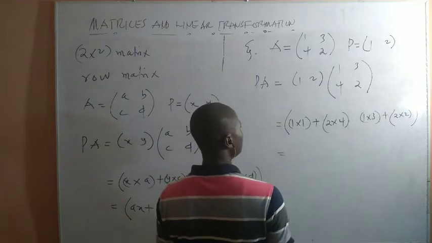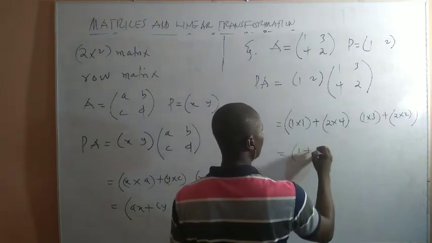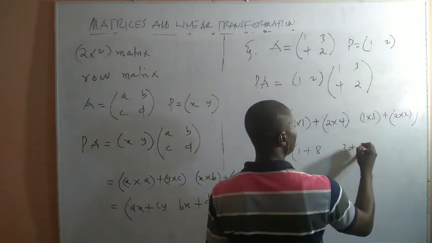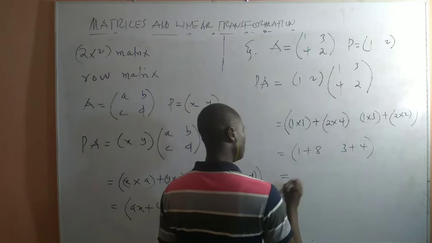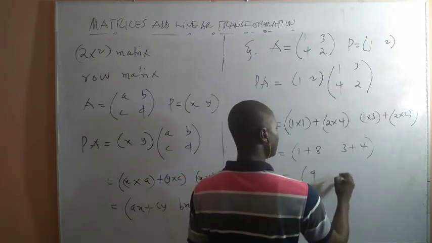To simplify this, 1 times 1 is 1, plus 2 times 4 is 8. Then 1 times 3 is 3, plus 2 times 2 is 4. So simplifying, 1 plus 8 will give us 9, and 3 plus 4 will give us 7.